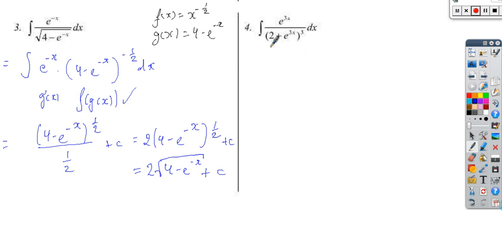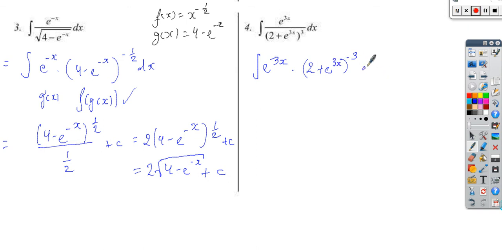And now let's do this one. Okay, again we'll write out the information just to be safe, but first I'll get rid of the fraction here by writing it as a product, e to the power of 3x times, and then this will be something to the power of minus 3, and the something is 2 plus e to the power of 3x.